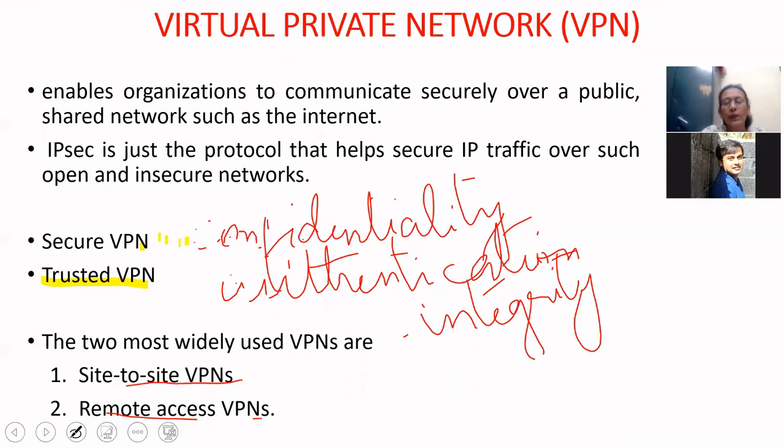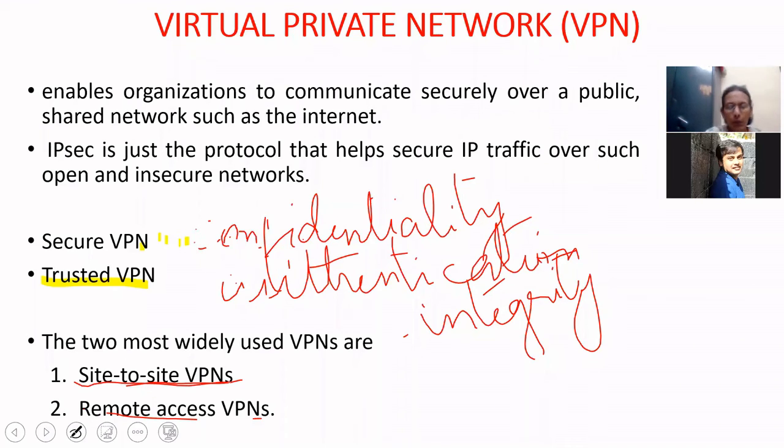That is, we connect multiple branches of a bank, etc. Multiple branches of an organization are connected through site-to-site VPNs. It need not be an intranet; it could be an extranet also, wherein multiple business partners are connected together. So all pertaining to a particular organization are connected together through the site-to-site VPN.